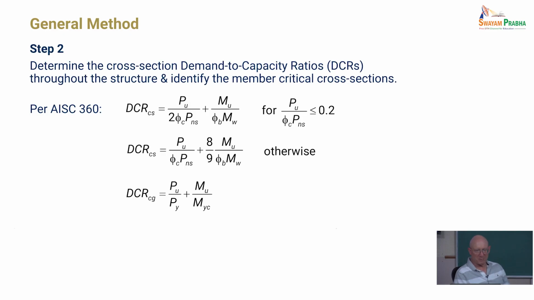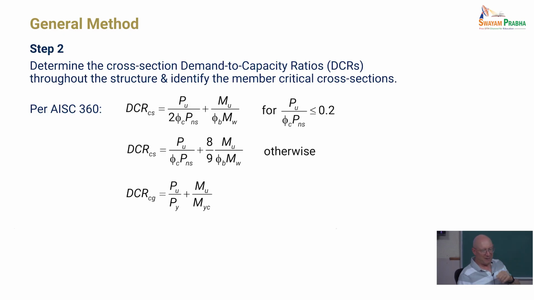PNS is based on effective width based on FY, same as in Eurocode. So we identify a critical cross-section based on that, and we do our member check just on that cross-section. Whereas Design Guide 25 would say you may have these 4 or 5 cross-sections that are critical, so please check them all for the member.